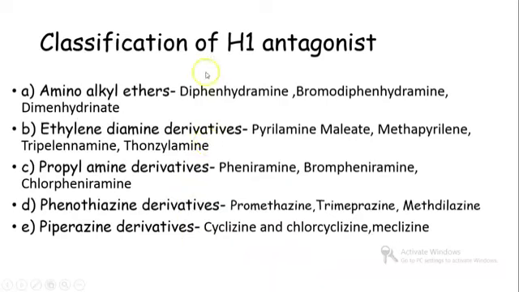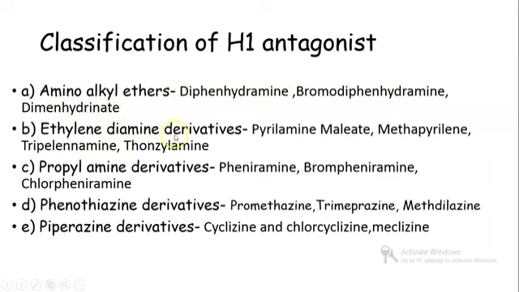Next is the classification of H1 antagonists. They are classified into amino-alkyl ethers, ethylene diamine derivatives, propylamine derivatives, phenothiazine derivatives, and piperazine derivatives. Examples for amino-alkyl ethers are diphenhydramine, bromodiphenhydramine, dimenhydrinate.